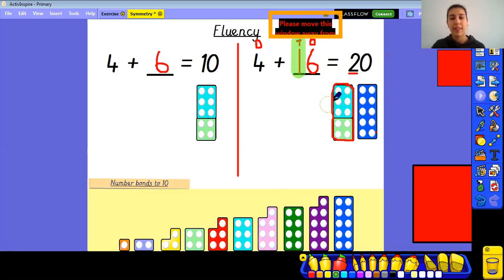That now means that my 4 ones and my 6 ones add together to give me this 10 here, and this 1 ten in front of my 6 ones shows me that I've got another 10 here, and when I add those together, I get my 2 tens, which are 20.